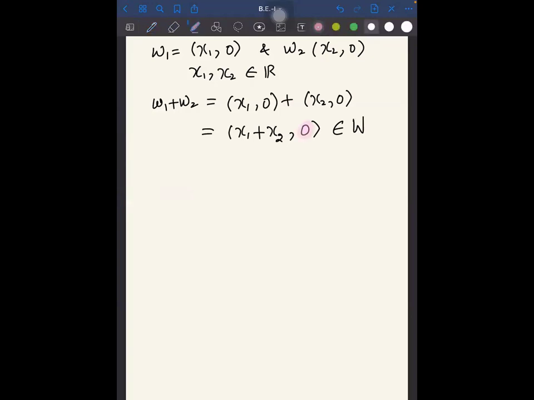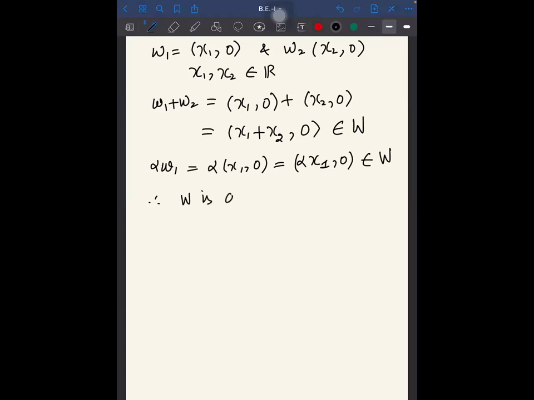So this is in the same bag. If you take alpha W1, that means alpha X1, 0, so this will come out to be alpha X1 and 0. So it will also go in W, right? Therefore W is a subspace of R2.